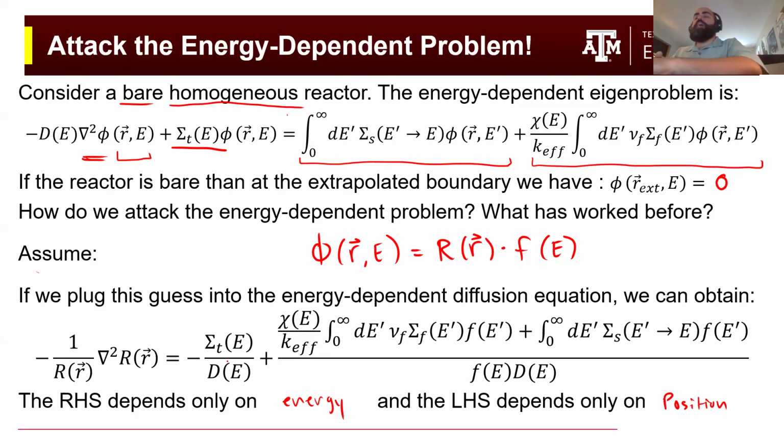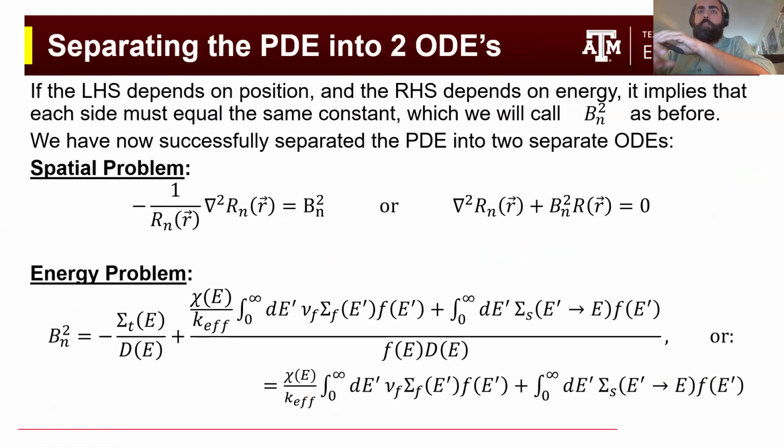So if you have an equation where the left side depends on one variable and the right-hand side depends on another variable, that's only true if both sides are equal to a constant. That's what we're seeing here.